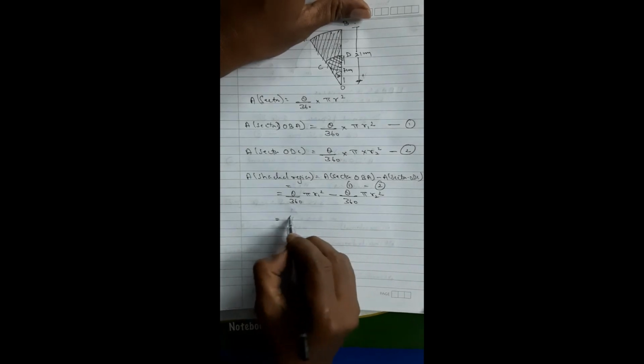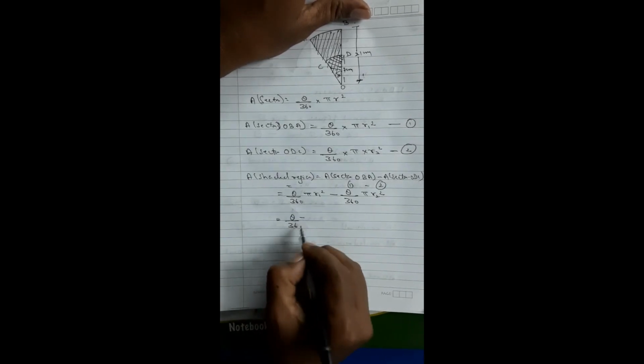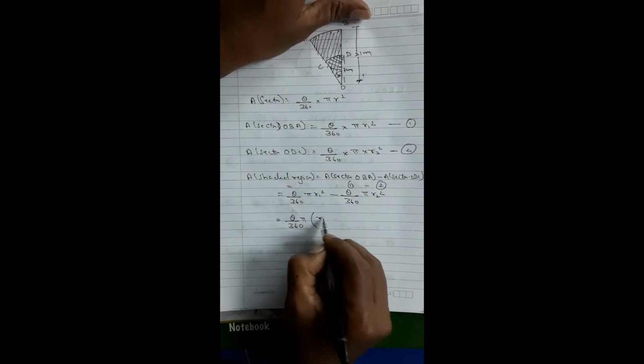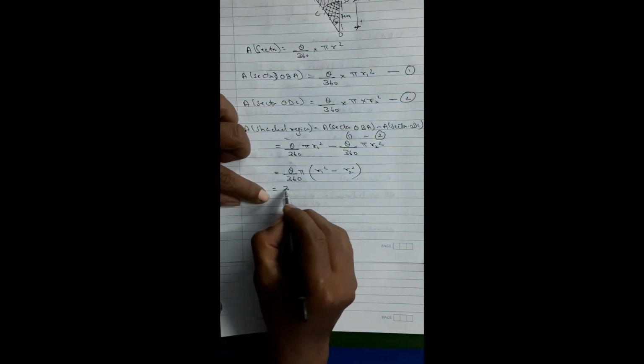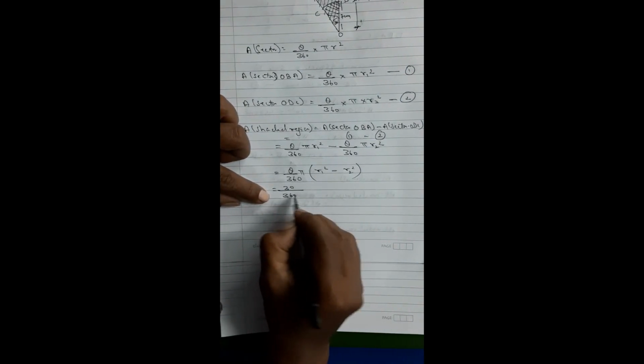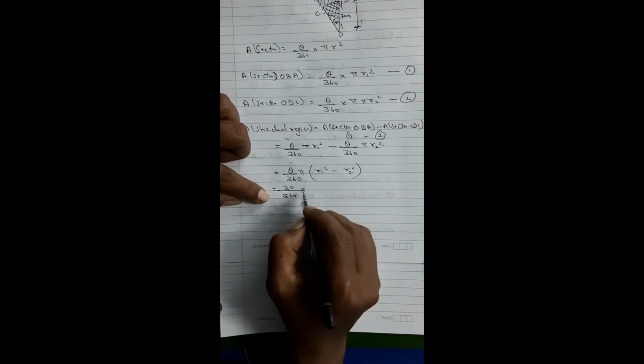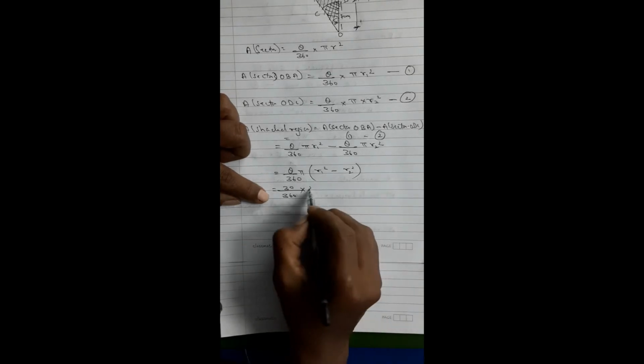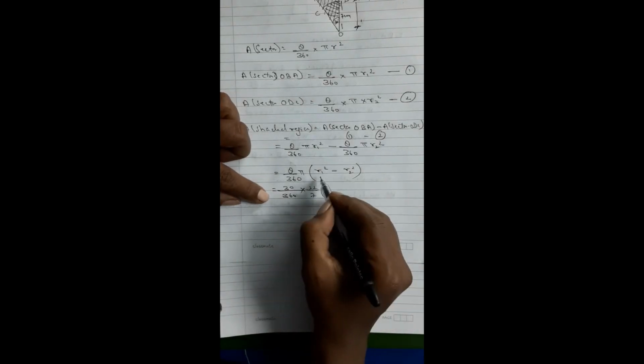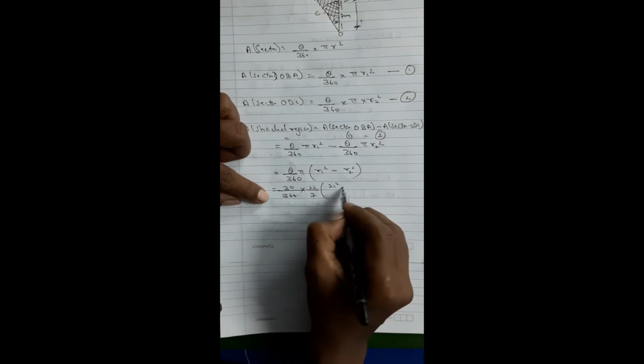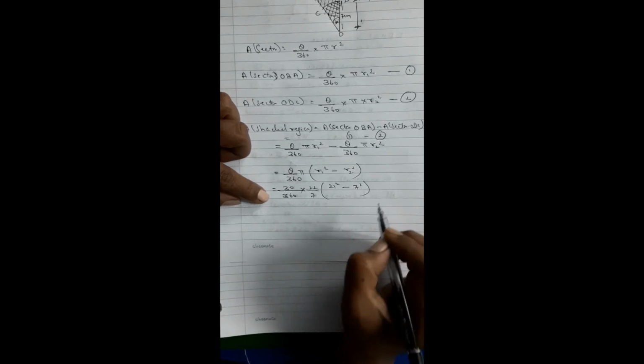So I can take theta upon 360 pi as common factor, r1 square minus r2 square. So here I will get theta is 30 upon 360 into pi, which is 22 upon 7, into r1 square, r1 is 21 square, minus r2 is 7 square.